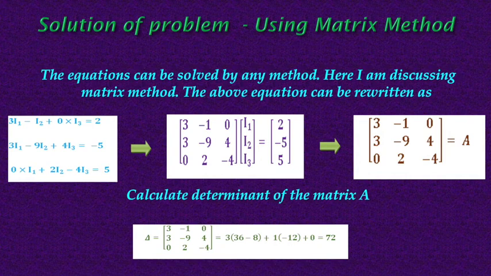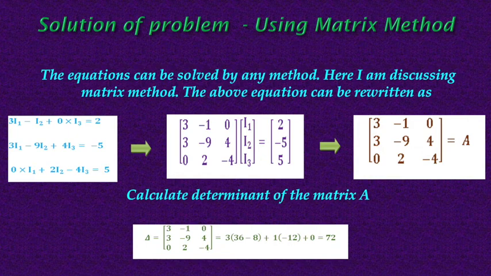Because there is no I3, we consider 0 into I3. Next equation is 3I1 minus 9I2 plus 4I3 equal to minus 5. And in the third equation there is no I1, so 0 into I1 plus 2I2 minus 4I3 equal to 5.